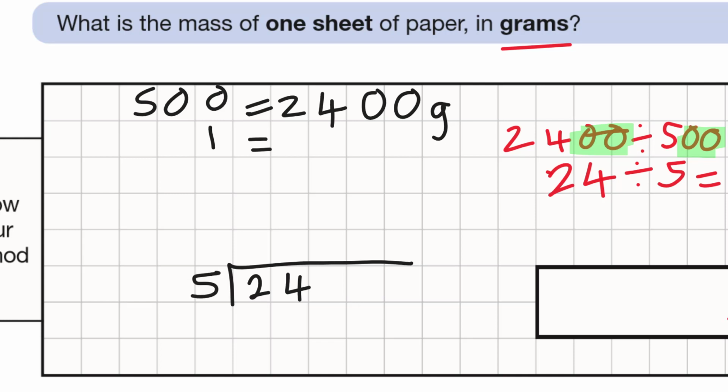So 5 into 2 doesn't go. 5 into 24 goes 4 times with a remainder of 4. Now we're going to need to convert our remainder to a decimal. So one way you could do it is 4 remainder, 4 times 5 is 20, remainder 4.